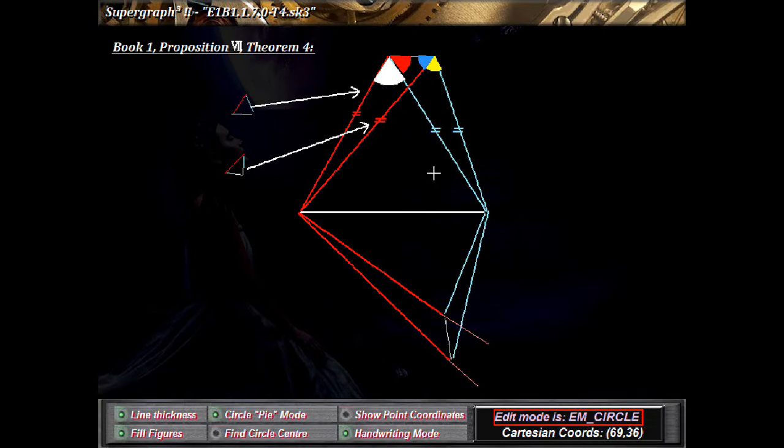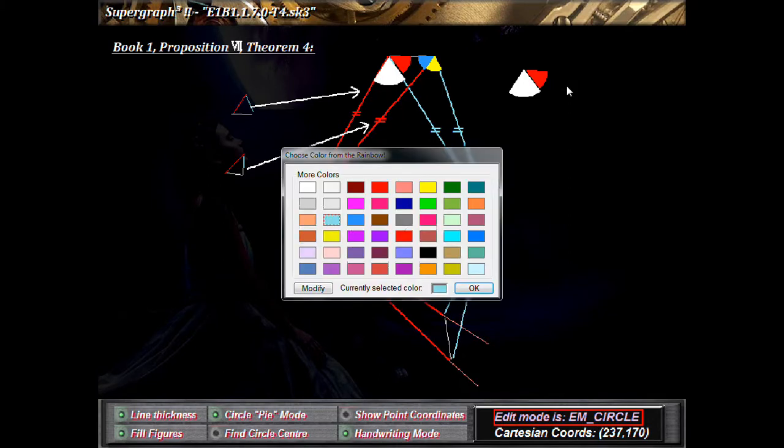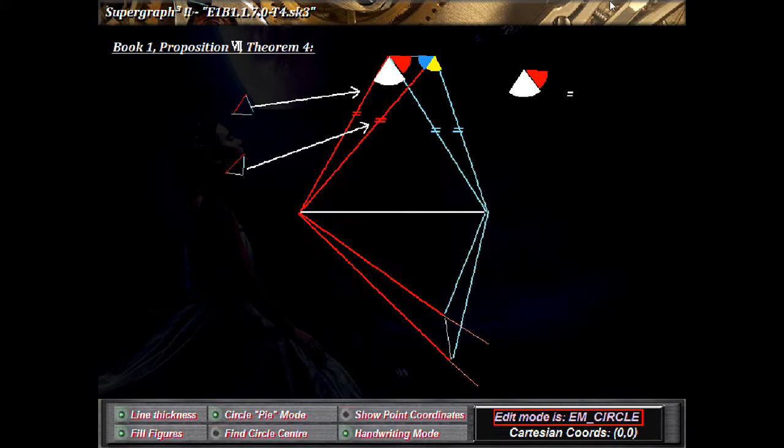So that means this equals this. They don't look very equal, and they're probably not. But anyway, one looks obtuse and one looks acute.